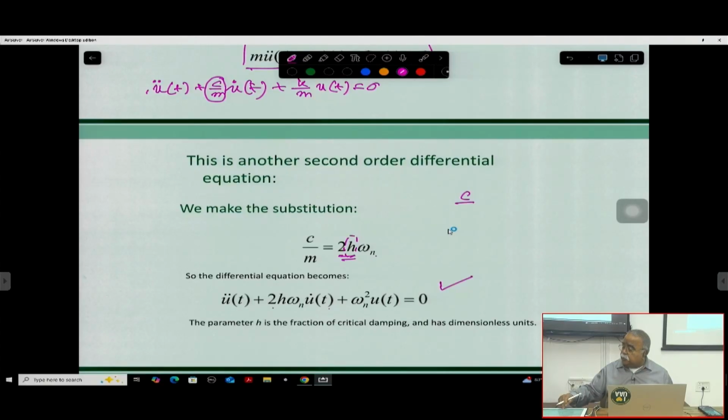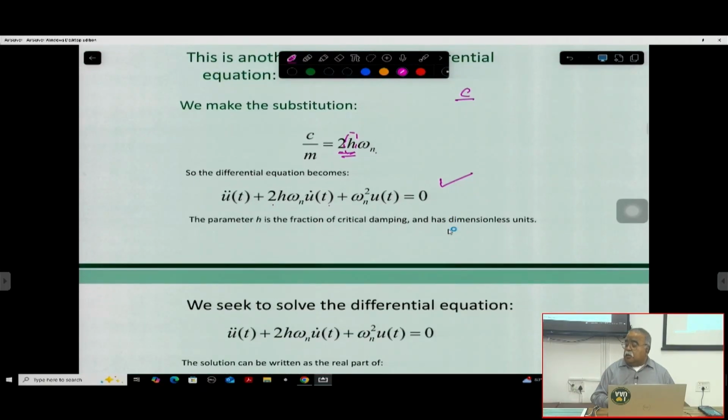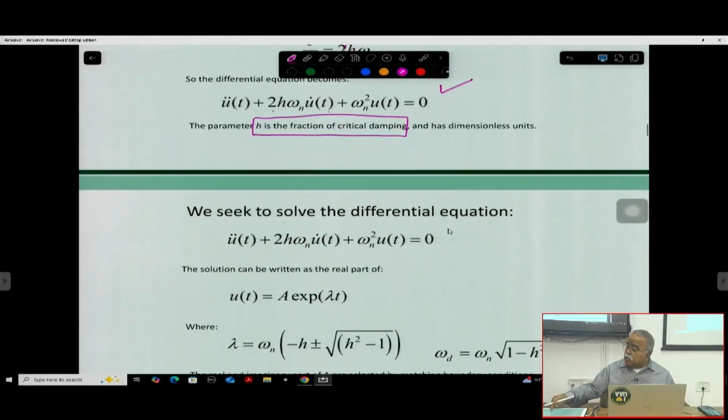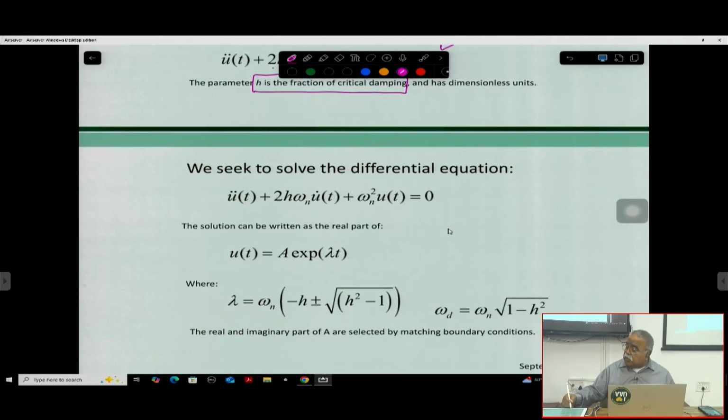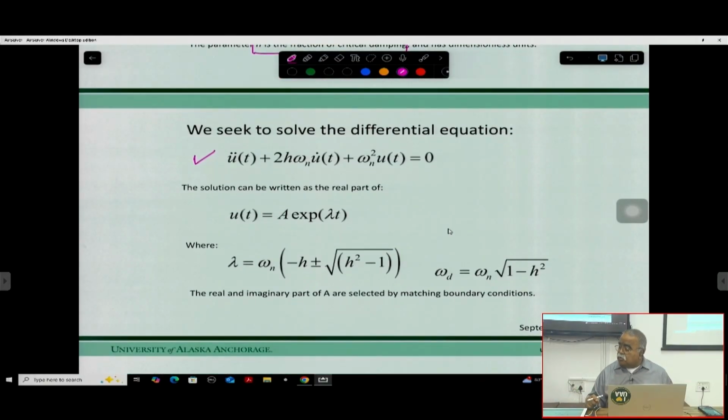This is your damped system vibration, or the free vibration of a damped system. Then h is called the critical damping of the system, right? So that's your equation.